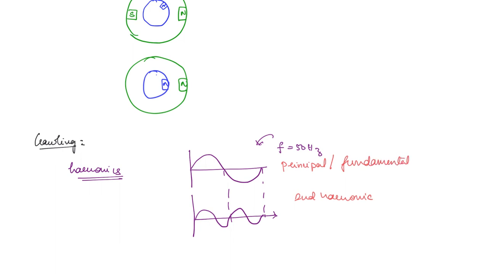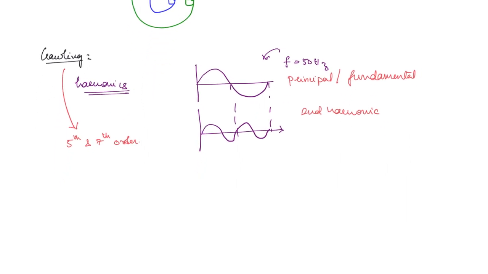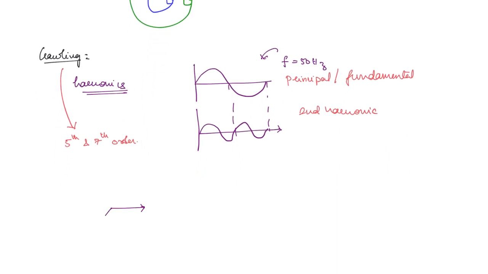Now in an induction motor, you are predominantly going to experience 5th and 7th order harmonics. So the effect of these harmonics will be predominant. Now what happens? The phase sequence of the fundamental harmonic is phase A, B and C. This is what we call the positive sequence.